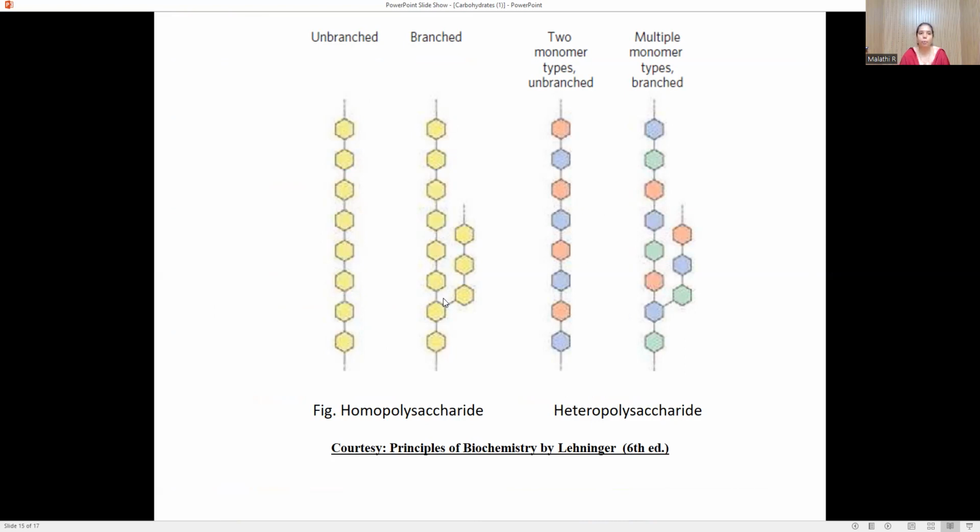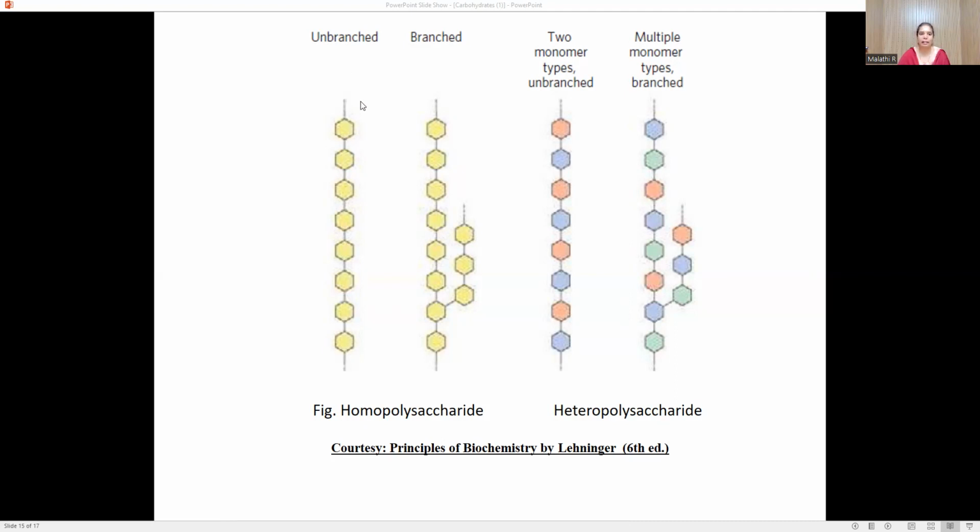Again, this homopolysaccharide can further be classified based on whether it is branched or not. So you have unbranched and branched homopolysaccharides. In case of unbranched homopolysaccharide, you will not be able to see any branched structure.